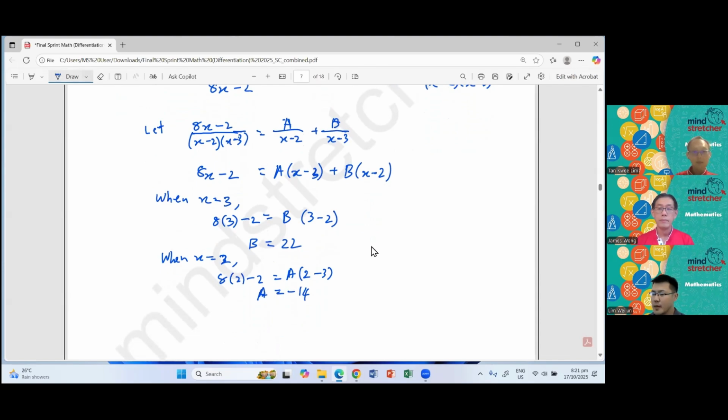Okay, so that means your final answer for the partial fractions, x squared plus 3x plus 4 over x squared minus 5x plus 6, is going to give me 1 minus 14 over x minus 2 plus 22 over x minus 3.